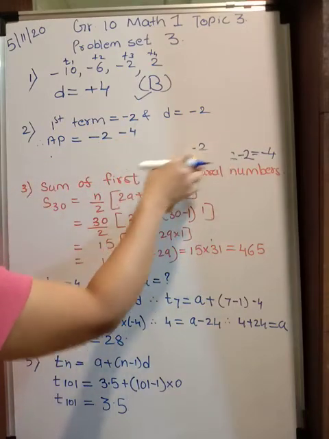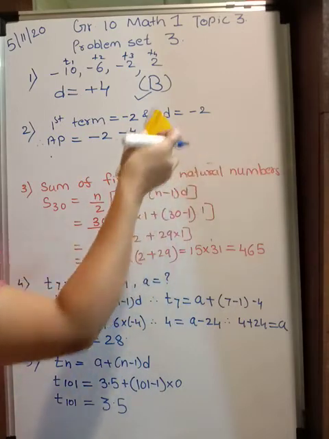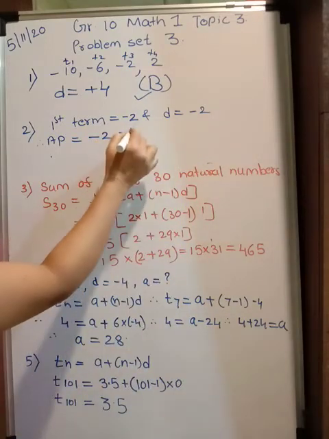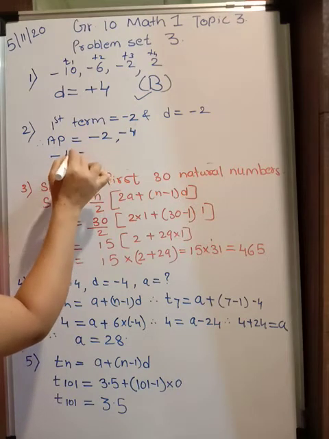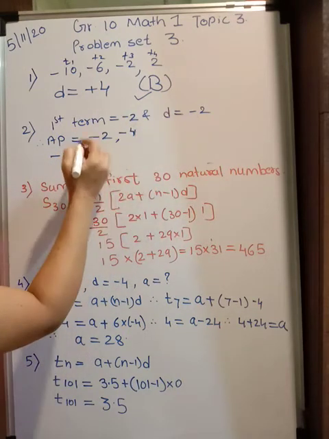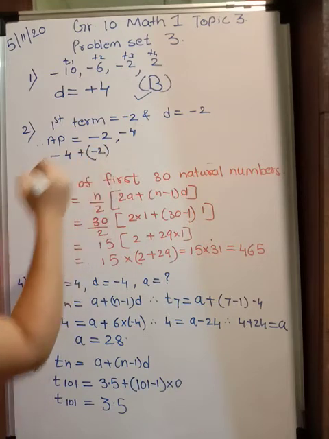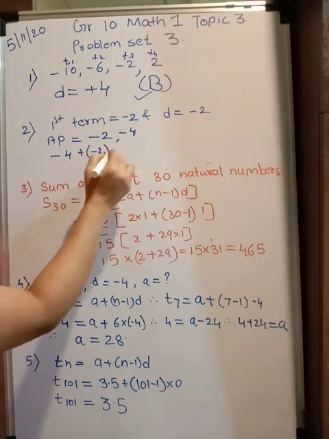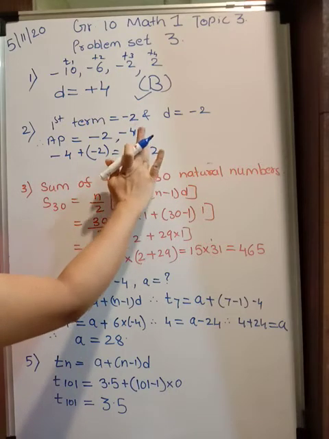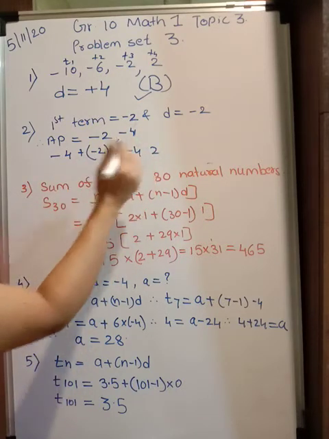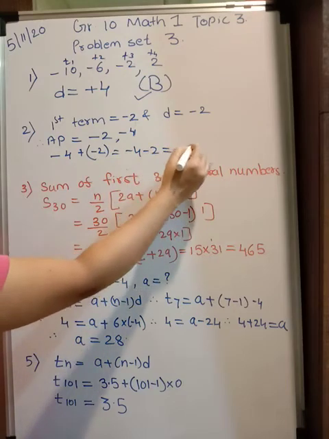Now let us calculate the third term. The second term is -4. To that we have to add the common difference, that is -2. So -4 plus -2, plus into minus is minus, which is equal to -6.